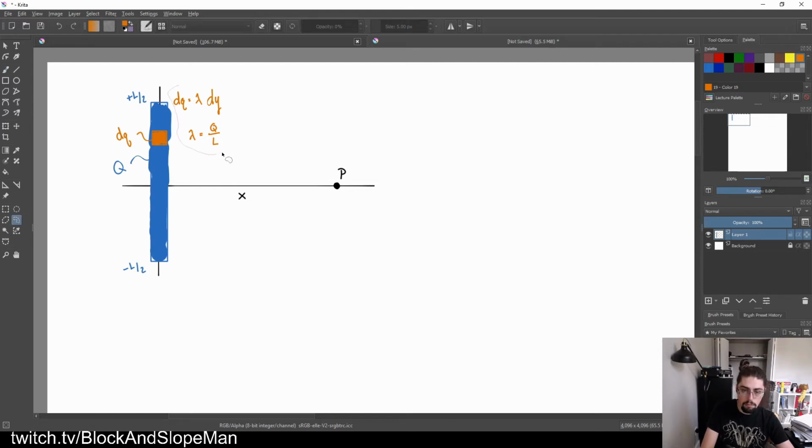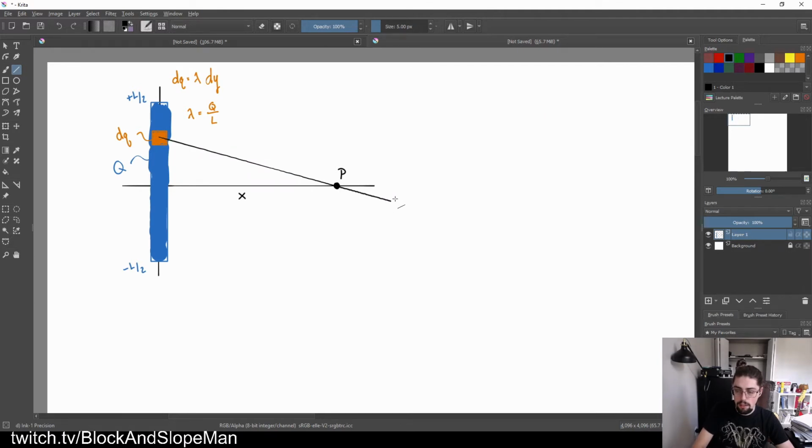Now, I need just a little bit of room to be able to draw some things here. I want to talk about this piece of charge, and I'm going to draw a line out here, a little bit farther than that.